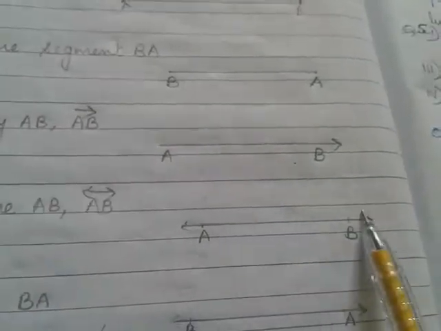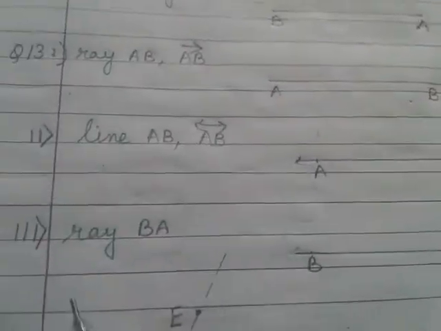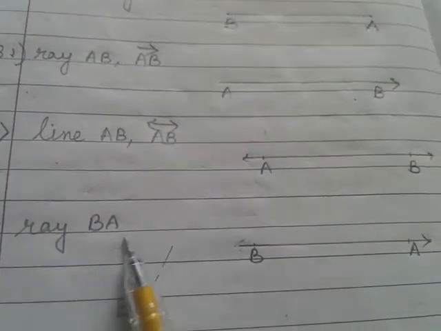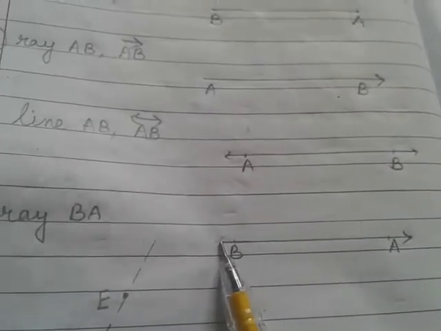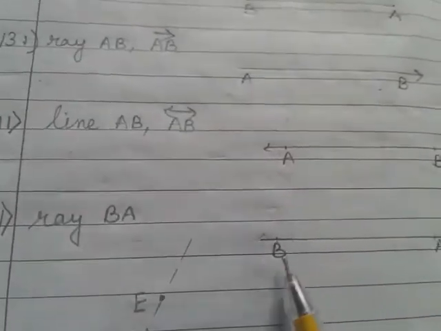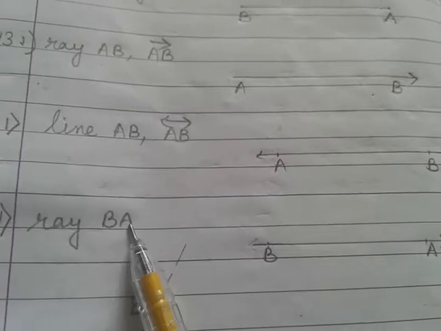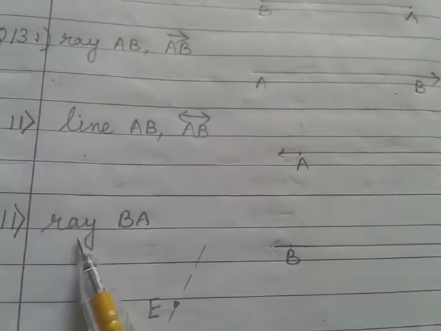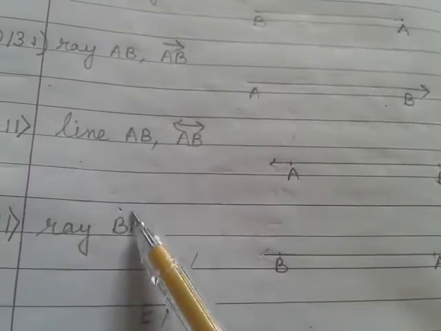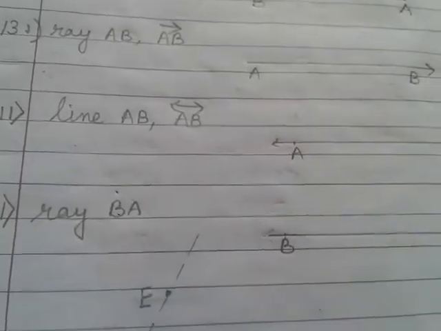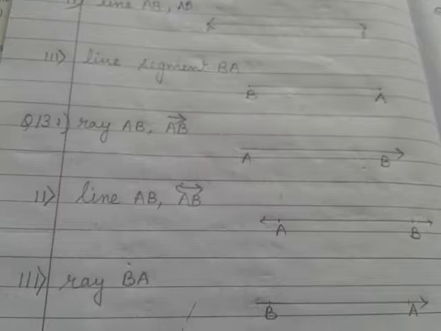Then ray BA. Since it is a ray, one side arrow and one side initial point. It will start with B and the arrow will be on A. Why? Because in a ray we always take the initial alphabet first, where the initial point is. I hope you have understood and you will complete it.